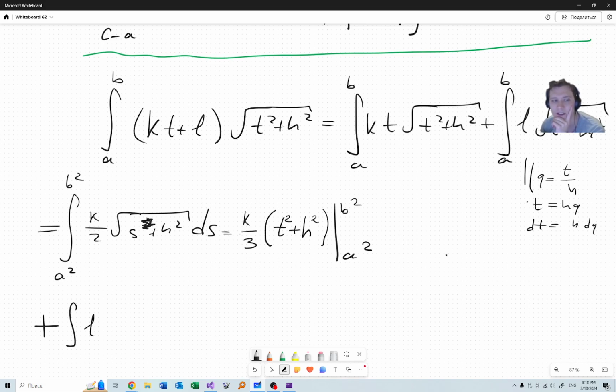So we have l square root of h squared q squared plus h squared times dt, which is h dq.